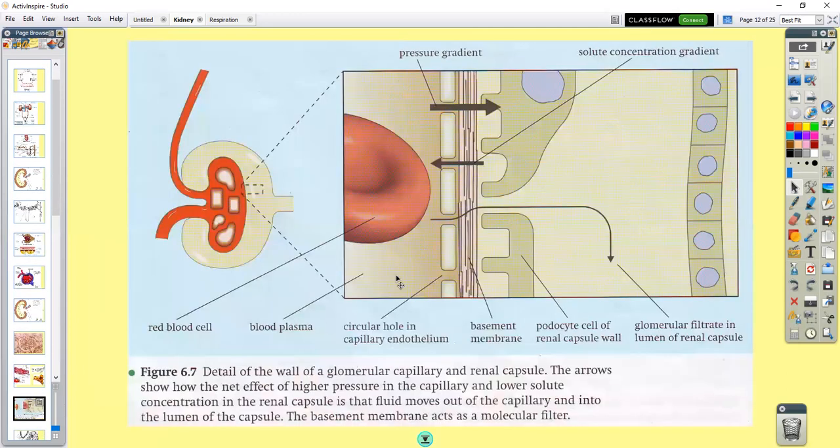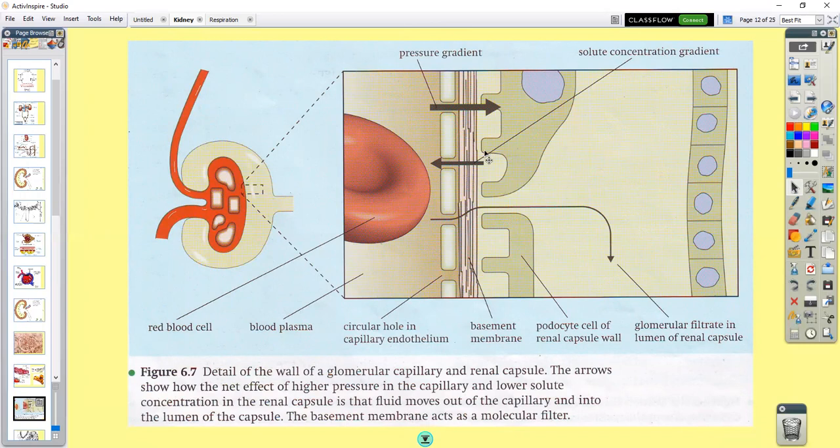Okay, in terms of how it enters, there is a concentration gradient here, which you can see. There's a concentration gradient of glucose, high concentrations in here, lower concentration in the Bowman's capsule. So about 50% will pass through into the Bowman's capsule.